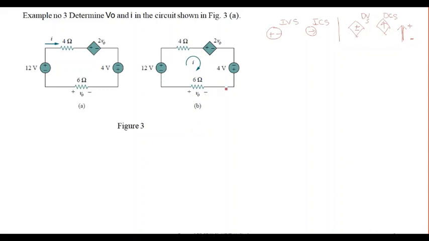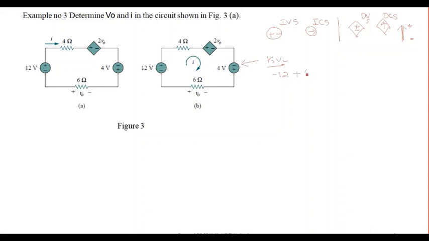Now coming to this, we need to find V0 and I, again by applying KVL. First let us come out with the KVL equation for this circuit. If you apply, you will get minus 12. Then now there is no polarity. If polarity is not given, you assume it as positive.